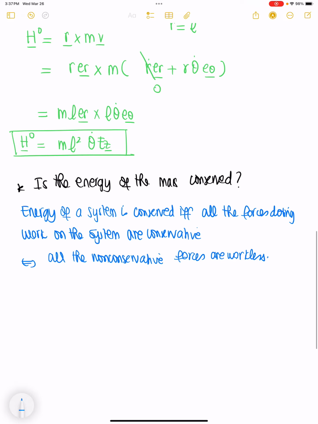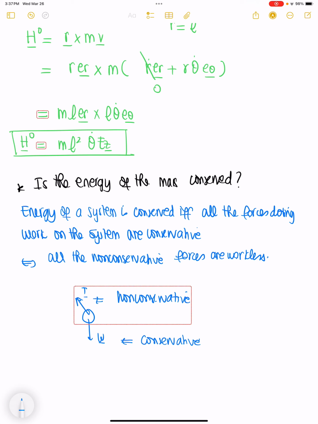So if I draw my free body diagram again of the mass, I have the tension and the weight force acting on it. The weight is conservative. The tension here is non-conservative. So for the energy of the system to be conserved, I'll need the tension force to be workless.